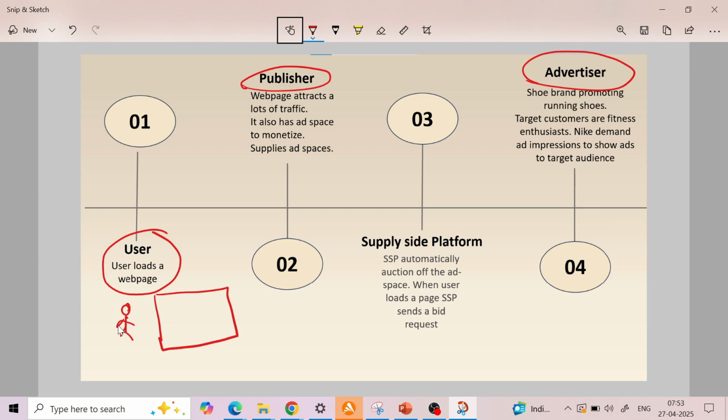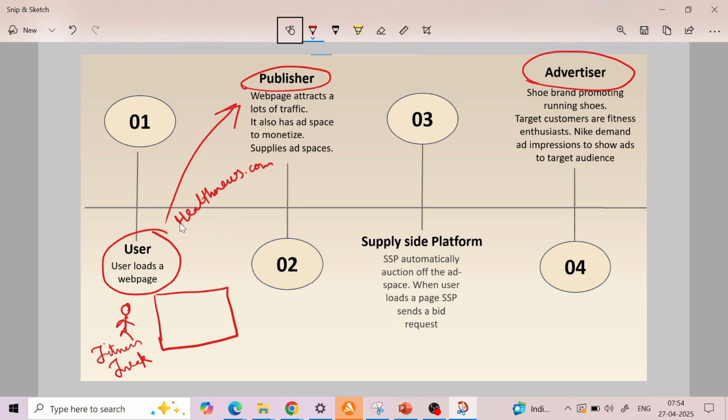So in the very first step, there is this user who is a fitness freak, and this user is trying to load a page of a publisher, say healthnews.com.